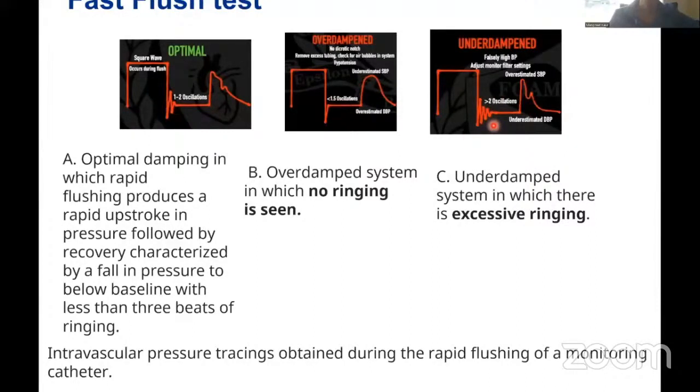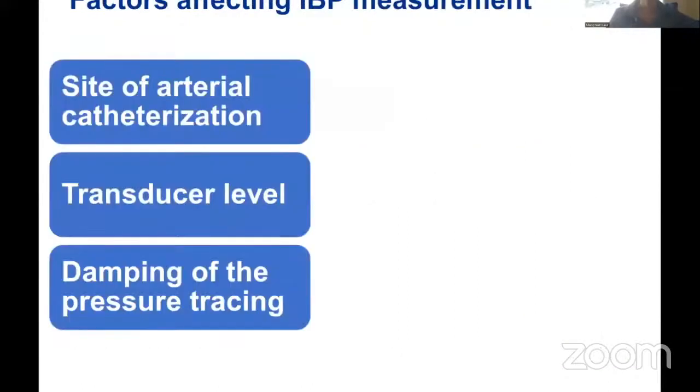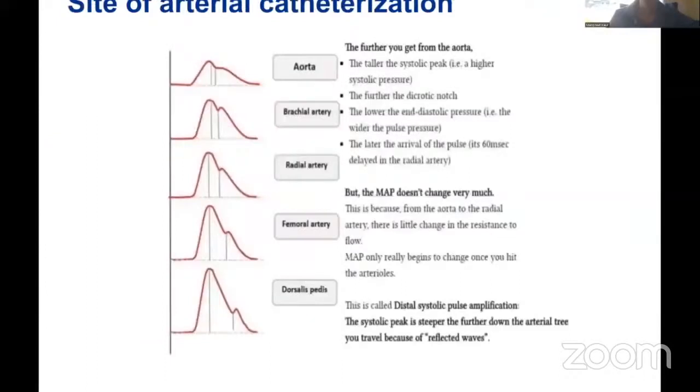The intravascular pressure tracings obtained during this rapid flush of a monitoring catheter are frequently tested on exam. Then there are the factors which affect the IBP measurement. That depends upon the site of catheterization, transducer level, and damping of the pressure system.